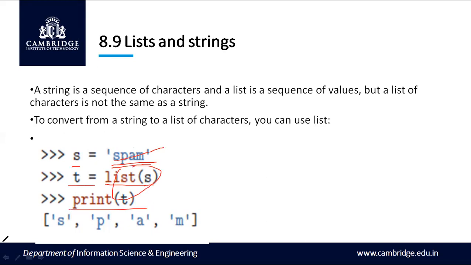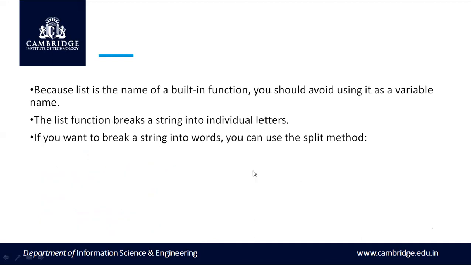When we print the list, you can see the string being converted to a list: s, p, a and m. That is the conversion of a string to a list of characters by using list. Also, you cannot use list as a variable name because it is a built-in function.